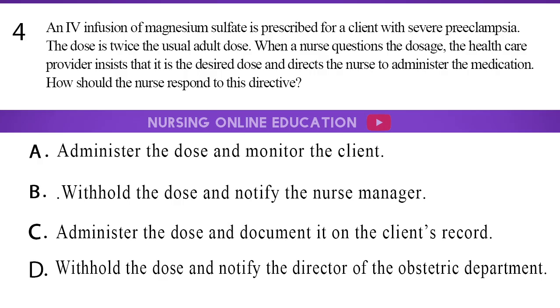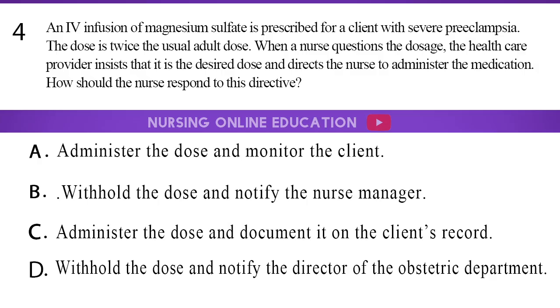4. Infusion of magnesium sulfate is prescribed for a client with severe preeclampsia. The dose is twice the usual adult dose. When a nurse questions the dosage, the healthcare provider insists that it is the desired dose and directs the nurse to administer the medication. How should the nurse respond to this directive? A. Administer the dose and monitor the client. B. Withhold the dose and notify the nurse manager.